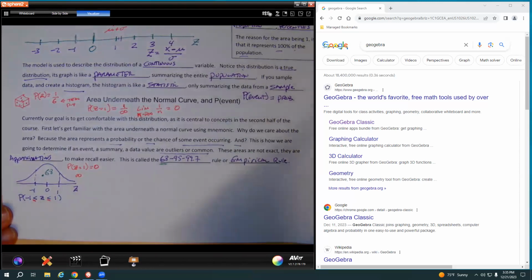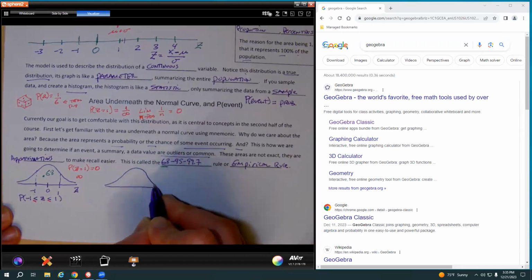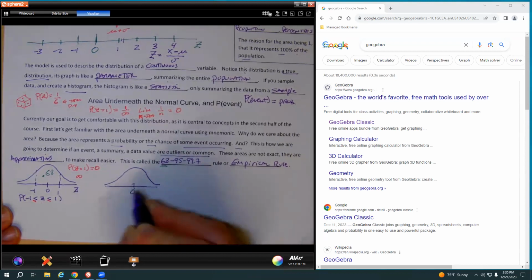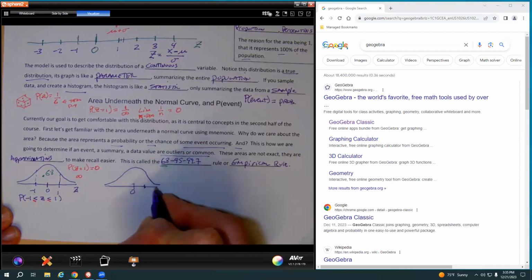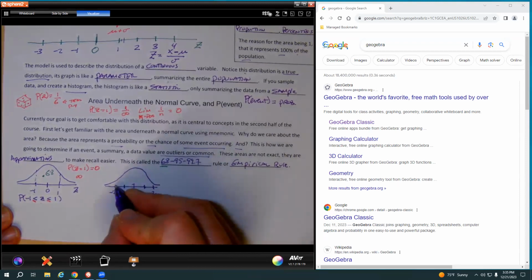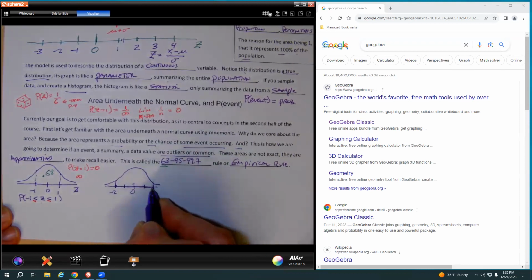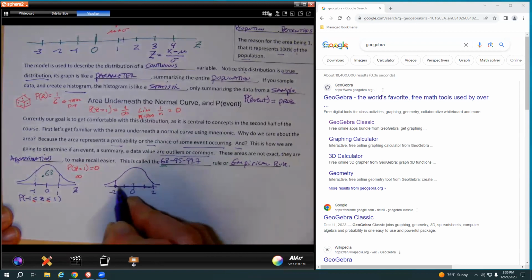So I think you might see where this is going if I then go 2 standard deviations. So go here, here, 2, here, here, -2. What's the chance that I'm going to land between these two numbers?